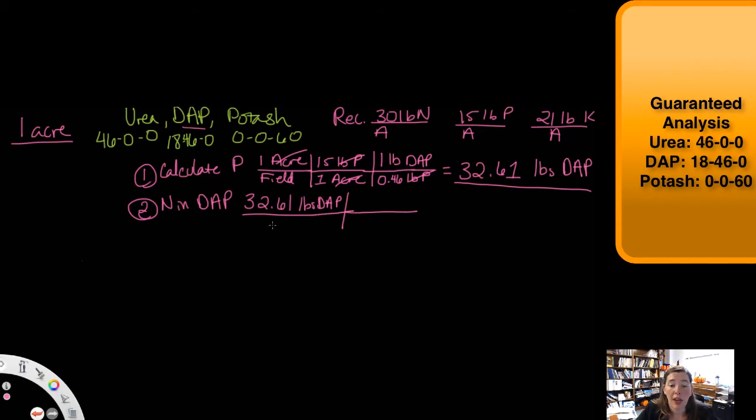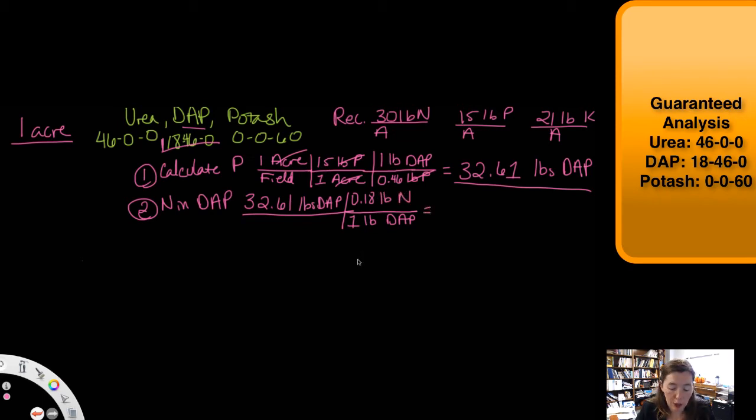So because of that, we need to use this set of values again, but we need to focus on our nitrogen currently. So in 1 pound of DAP, we've got 18% nitrogen, so we've got 0.18 pounds of nitrogen in that 1 pound of DAP.